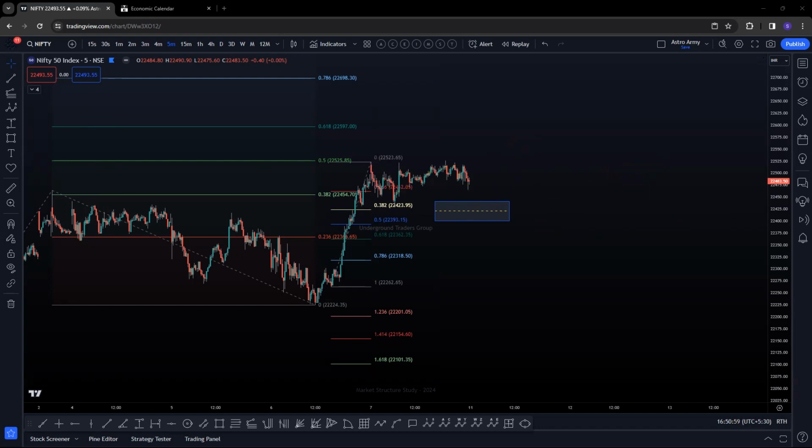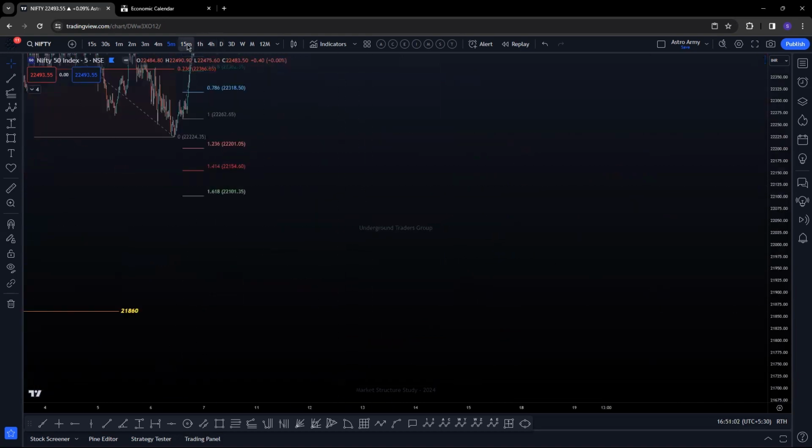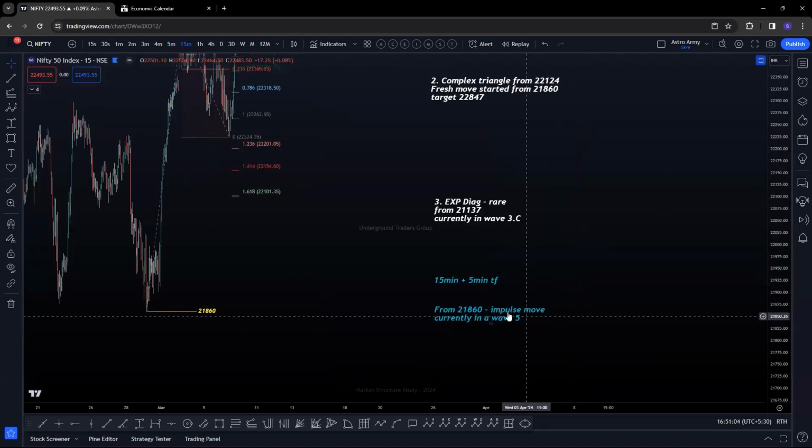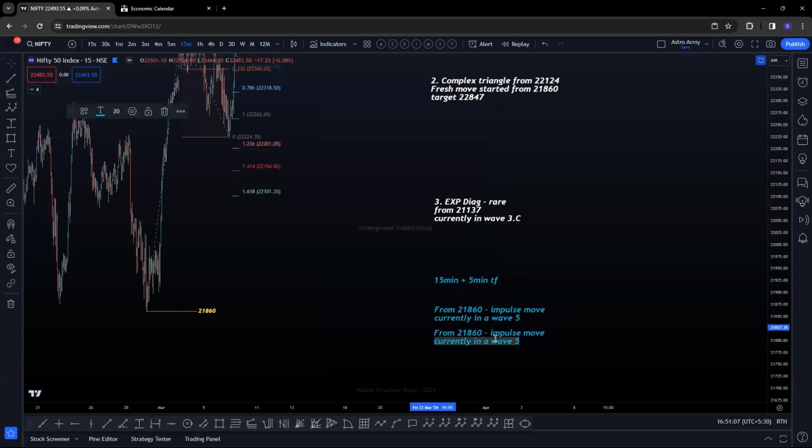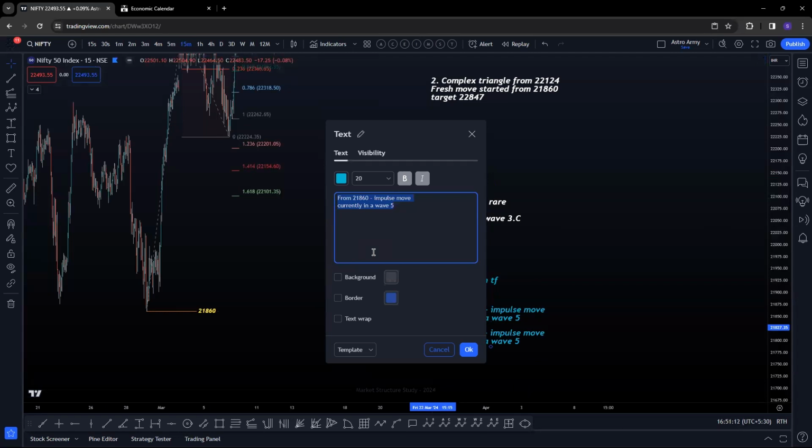Okay, so on a 5-minute chart, what is your analysis? If the 22,390 to 22,430 zone acts as support, why should it act as support?